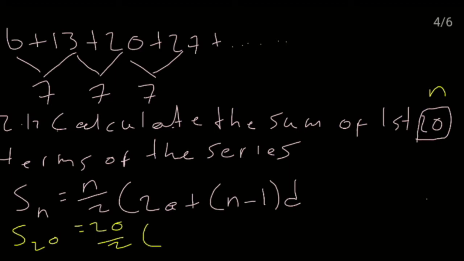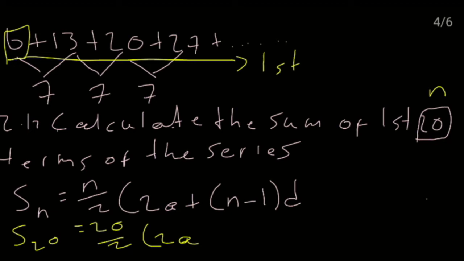And then 2 into a, right? The a, don't be confused, the a is your first term, plus n, 20 minus 1, and then the common difference, as we know, is 7.